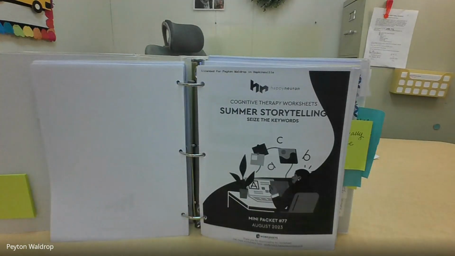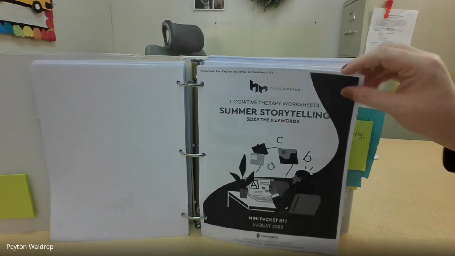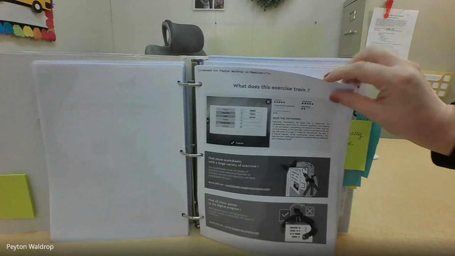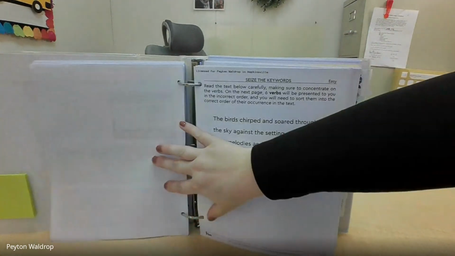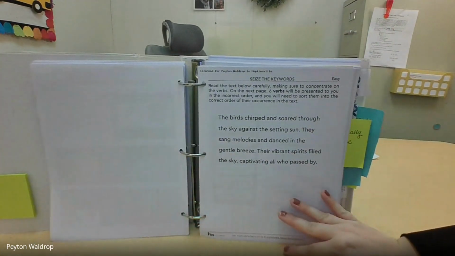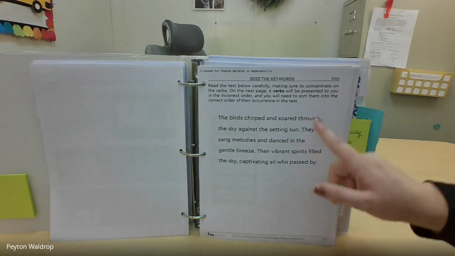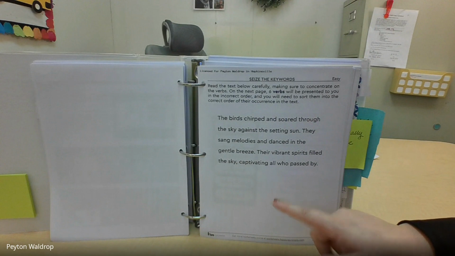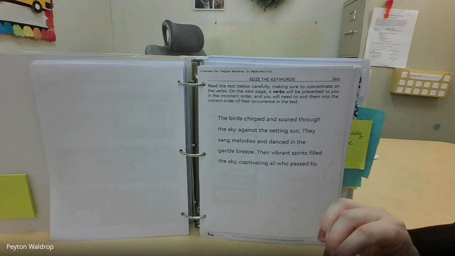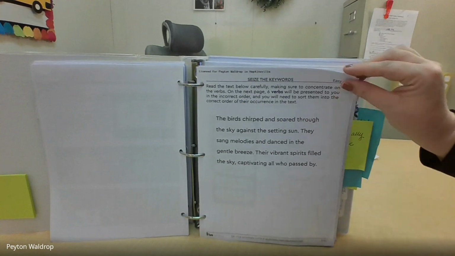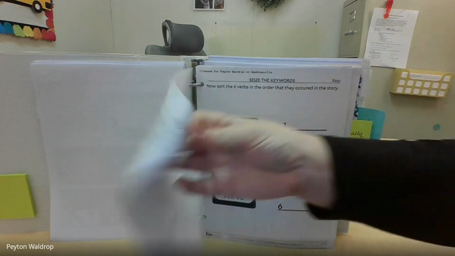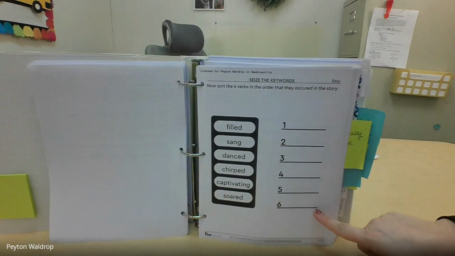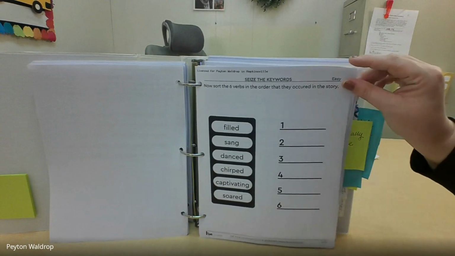And then I also have a summer storytelling activity, which basically they will pay attention while you read a passage about summer. And they're going to be focusing specifically on the verbs in the passage, where afterwards they're going to have to put the verbs in order of how they were presented in the passage about summer.